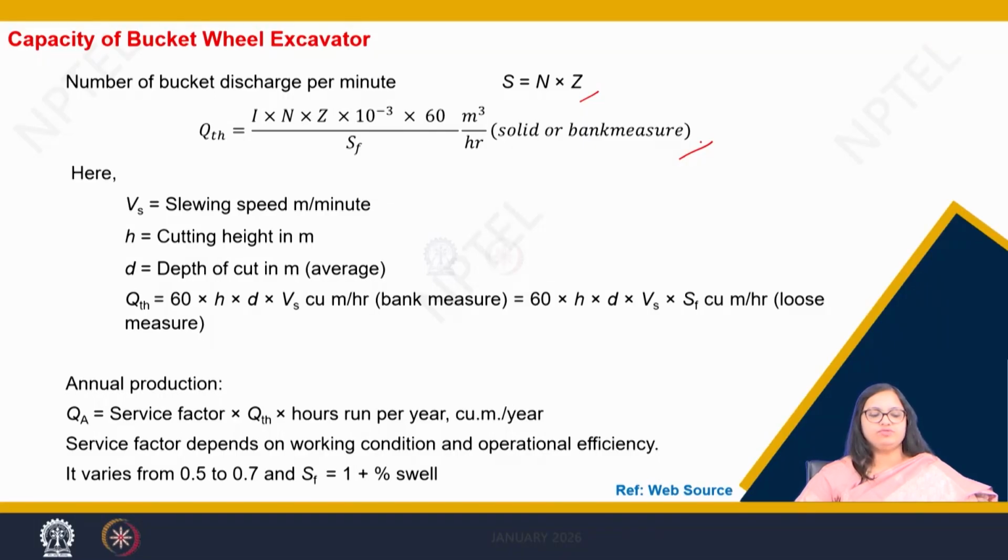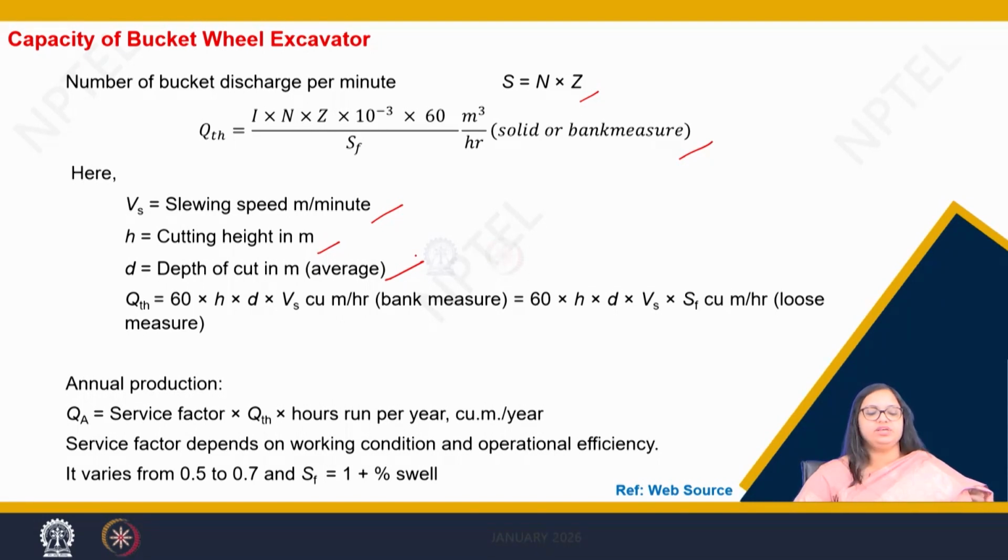Now, we can also find the theoretical capacity by knowing the slewing speed of this machine, which is given in meter per minute as Vs, the cut height given in meter, and the depth of cut again in meter.